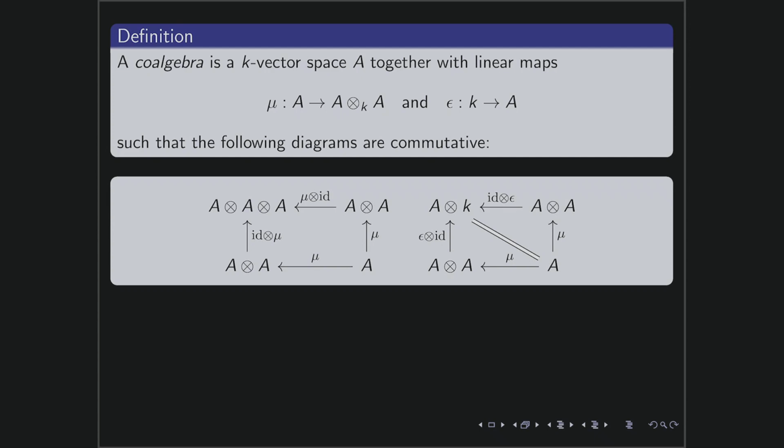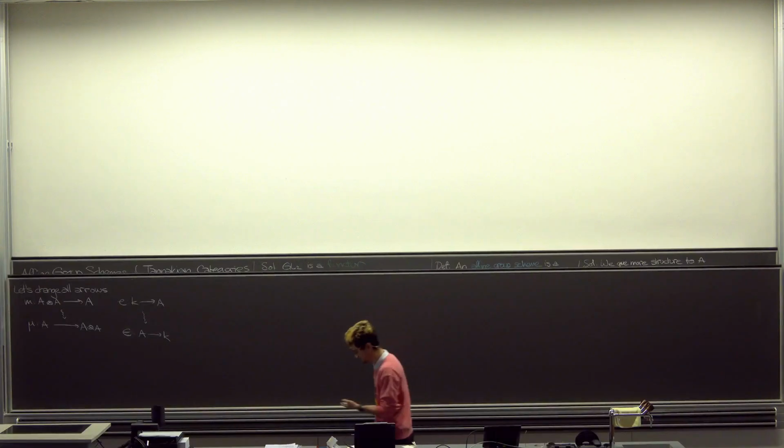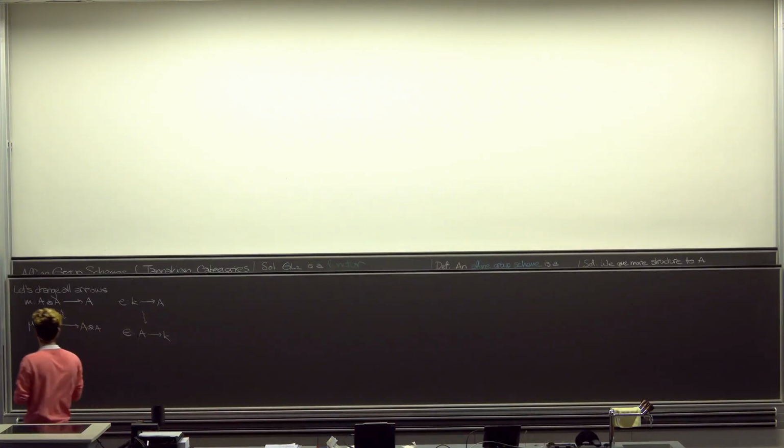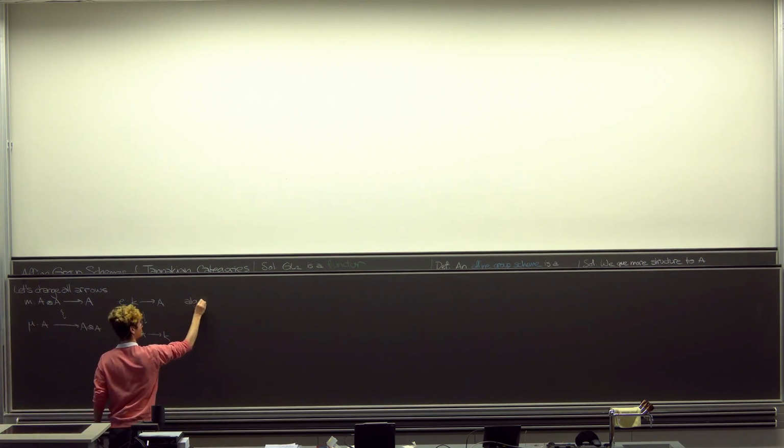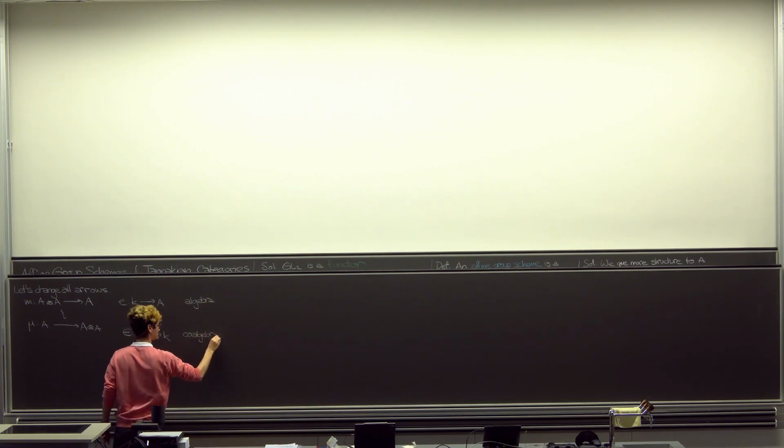We'll see how this is useful, but just for convenience, I will do one or two little examples. So we've seen that this is an algebra, and this is a co-algebra. And it's natural to ask if we have any examples of that. And of course we do.